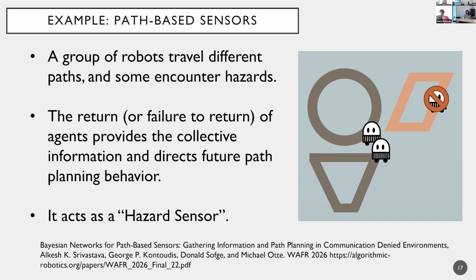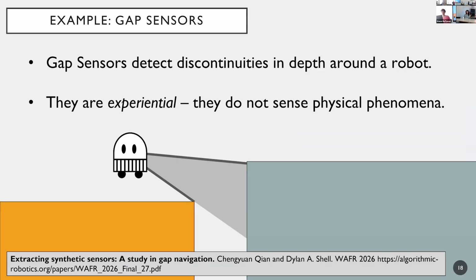The second point I want to make with theoretical sensors, we'll look at gap sensors. Gap sensors are essentially if you have a robot capable of detecting distances from it in a circle, you can detect discontinuities in depth, which tells you that there's a gap in the environment. Navigational algorithms and mapping algorithms exist for these kinds of sensors, but a gap does not exist in the world.